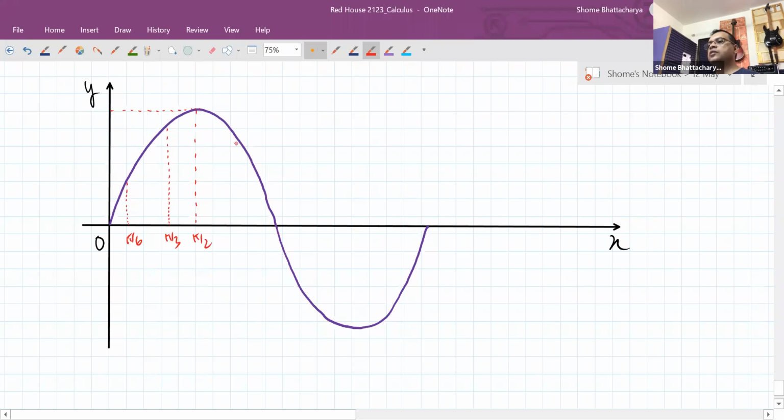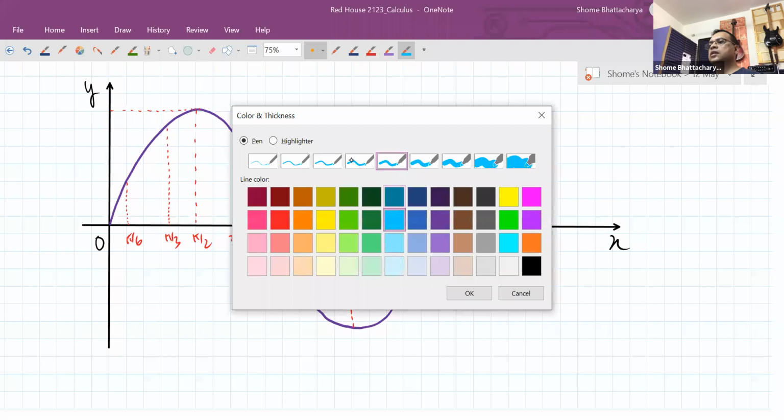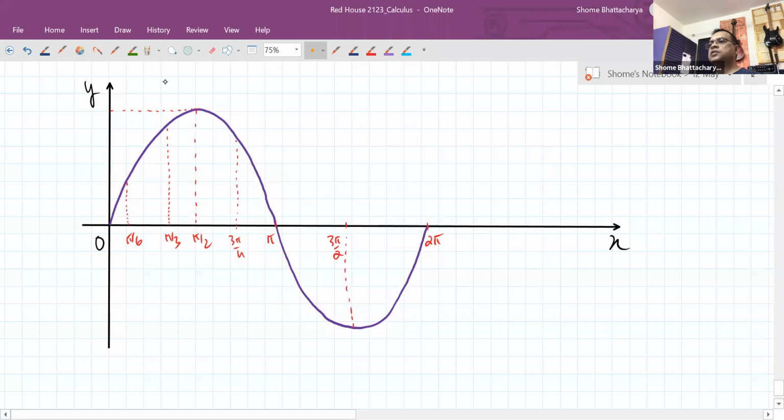We had seen the point 3 pi by 4, which should be somewhere here. Then we had seen the point 3 pi by 2, which is somewhere here. This point is 2 pi. So if you now use the values which we have seen, and draw a tangent at these various points, you'll see that this is the tangent at this peak point, which is going to be a flat line.